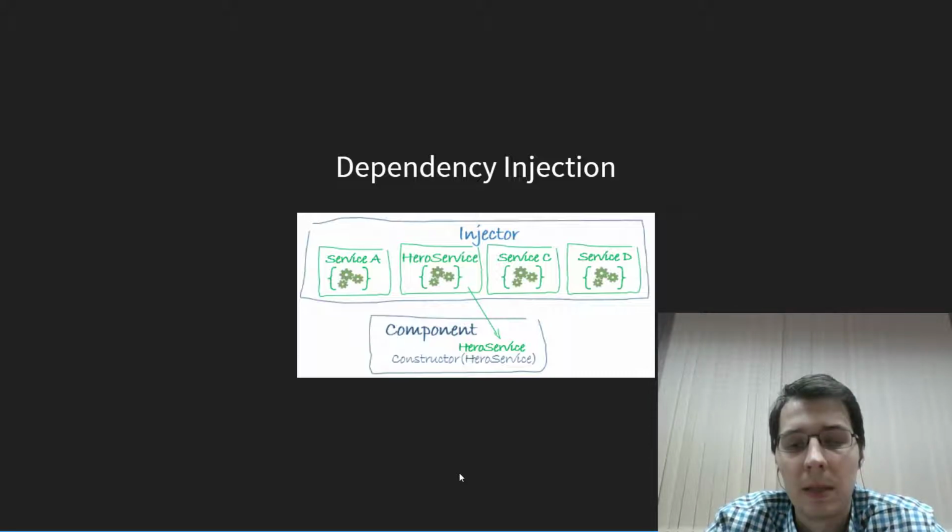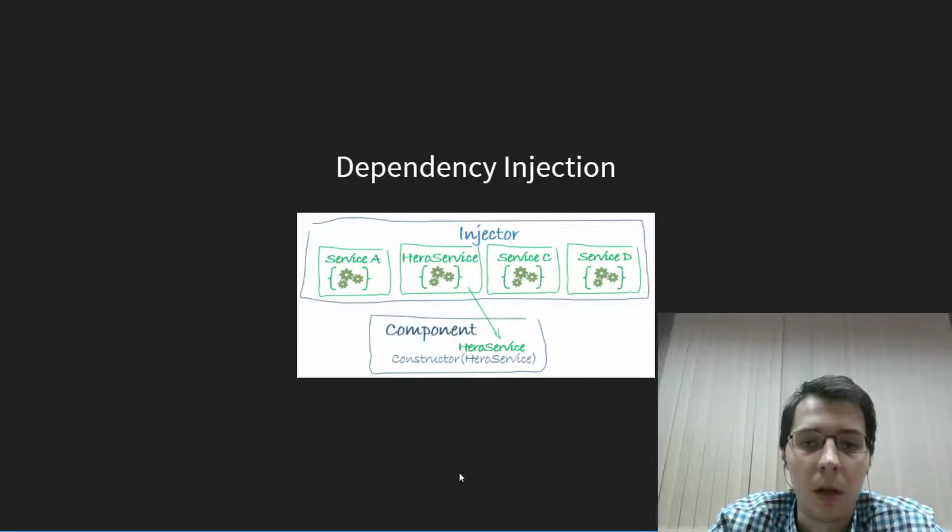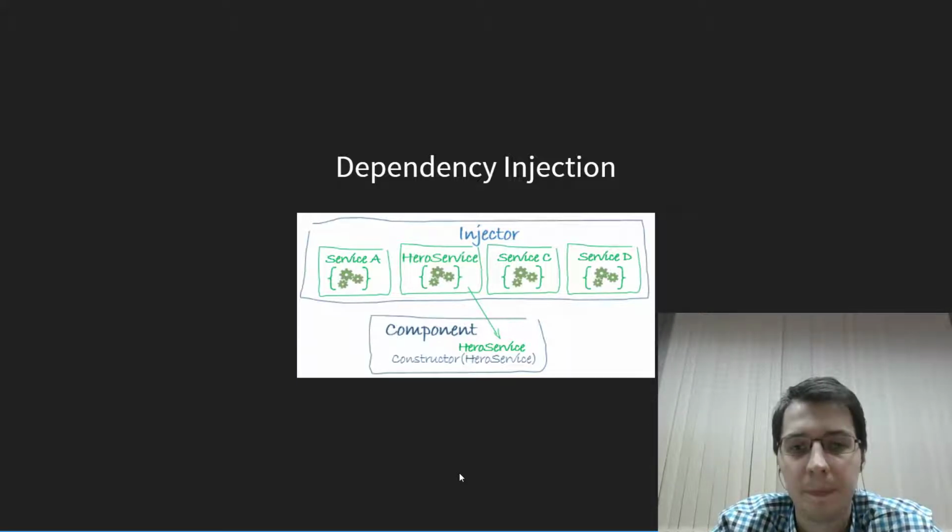In Angular, this object is called the injector, and it provides some objects or services to components. So when a component needs some dependencies, it calls the injector, and the injector will check if it already has the service, then it will provide it to the component or module. In other cases, it will create a new instance of this service and only then provide it to the component.